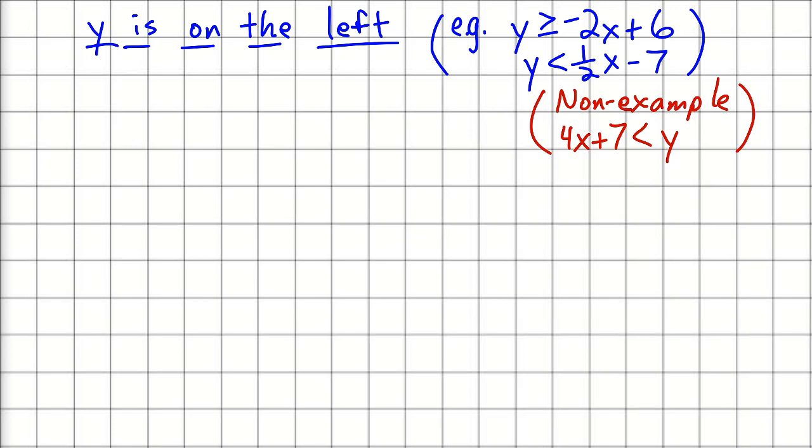So when y is on the left, then a less than or a less than or equal to, shade below. If it's a greater than, or greater than or equal to, shade above.